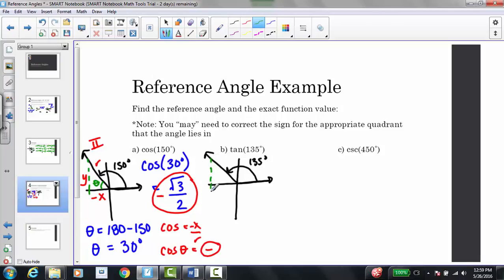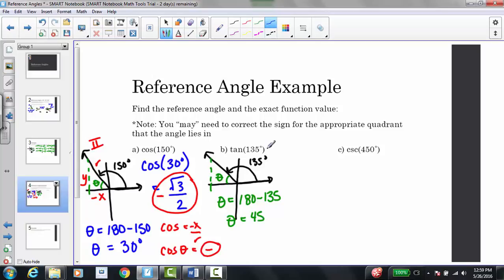Drawing my reference triangle, I find that this is going to be my reference angle. So again, how far away from reaching 180 degrees am I? So theta equals 180 degrees minus 135 degrees, and that gives me theta equals 45 degrees.